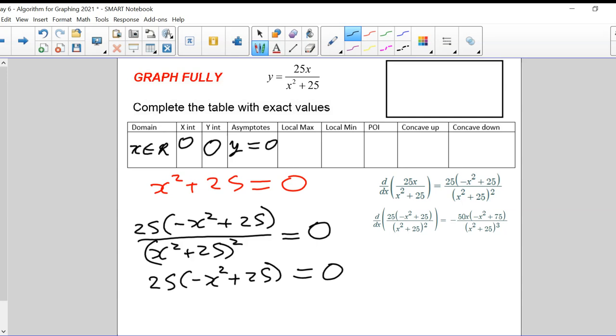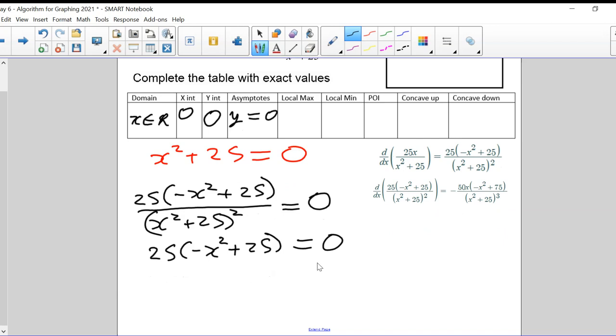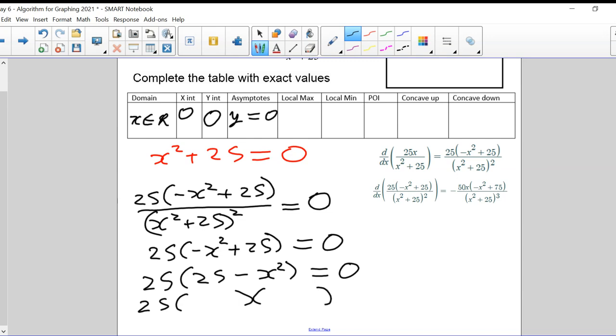Actually, Adam, you're right, but I don't even really need to do that, because what if I wrote it this way? 25 minus x squared equals 0. Wouldn't that be the same thing? Adam is saying, yeah, it is the same thing. I just put the x squared second and the other one first. And of course, that means that I can factor that as a difference of squares. You're right: 5 minus x, 5 plus x.